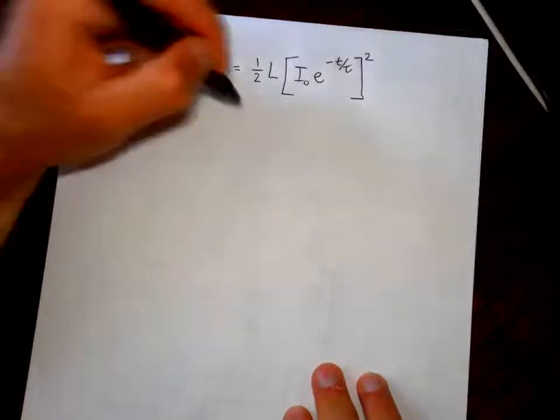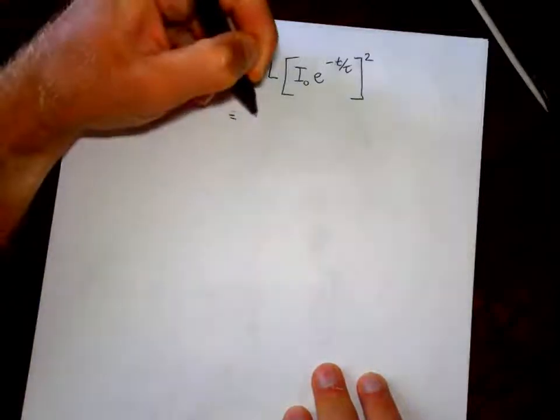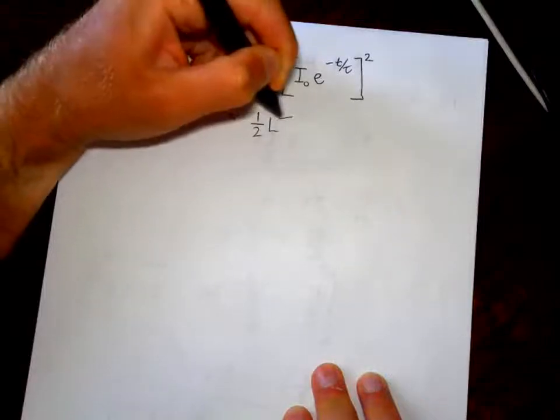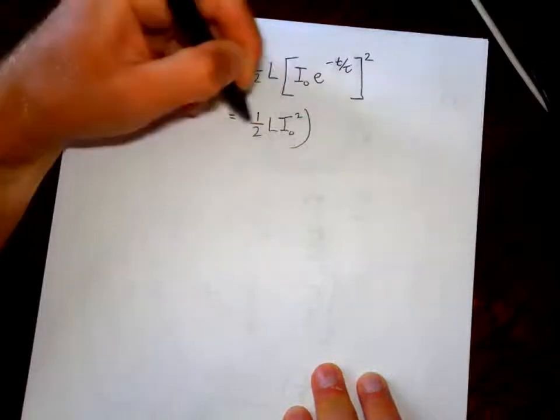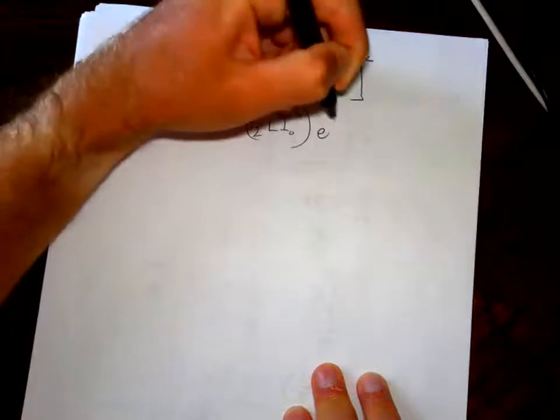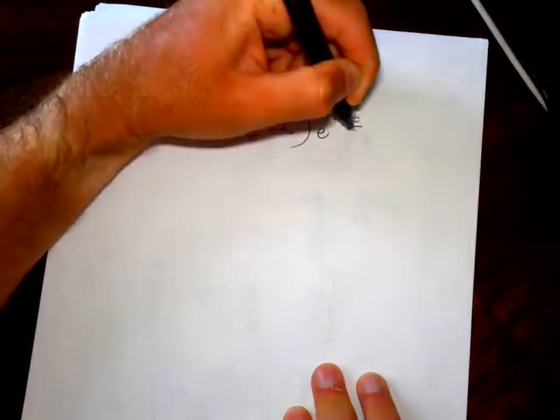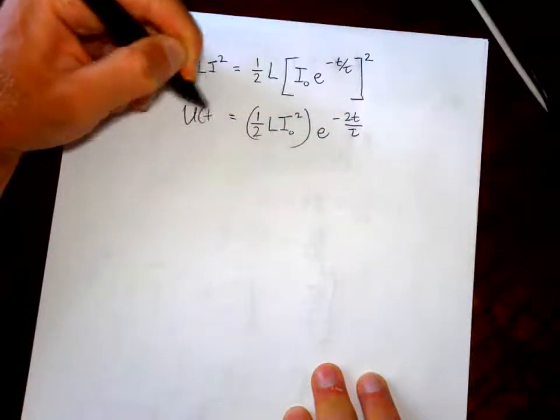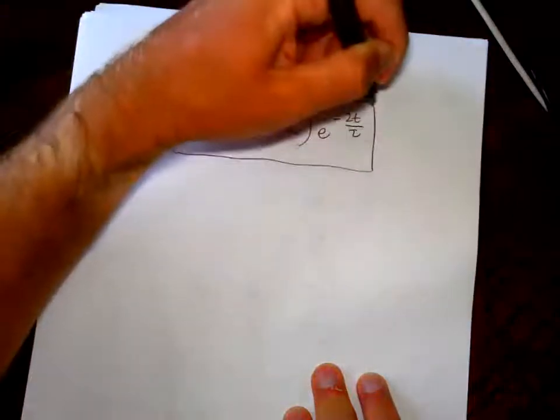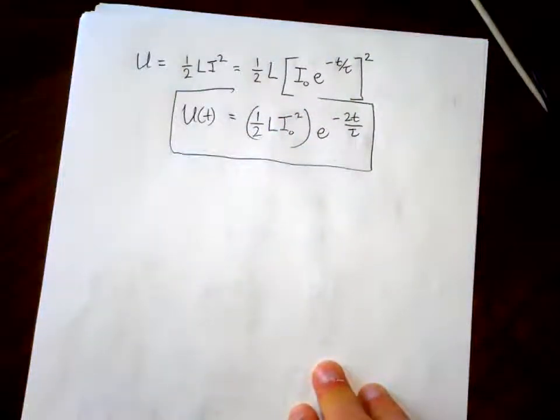And so that would give us 1/2 L I naught squared times e to the negative 2t over tau. So this is the potential energy in the inductor as a function of time.